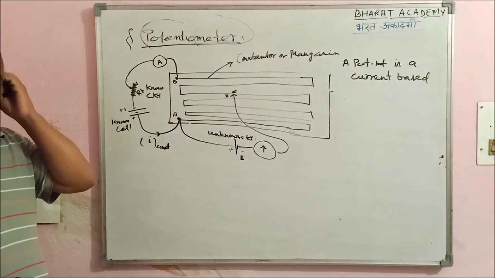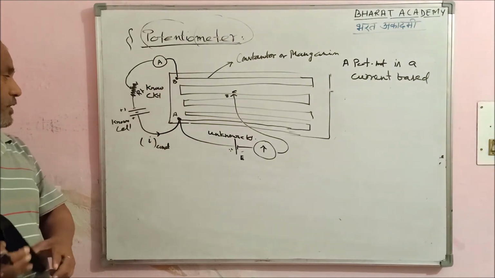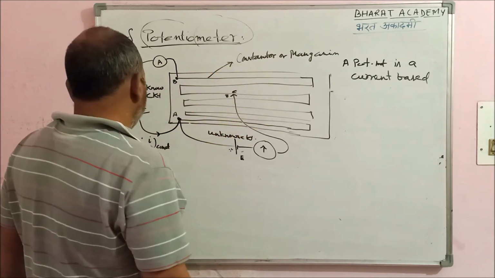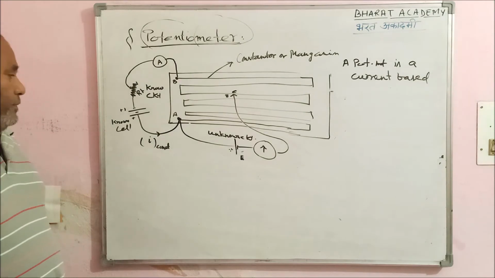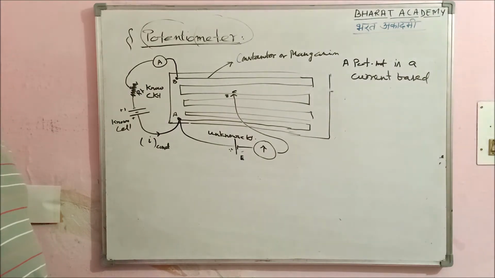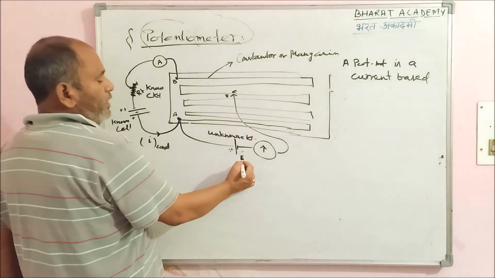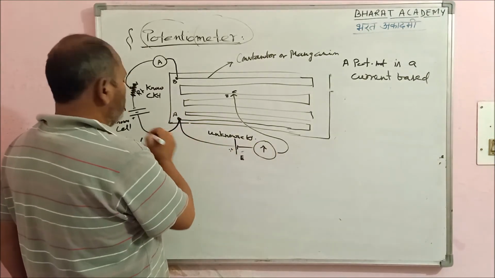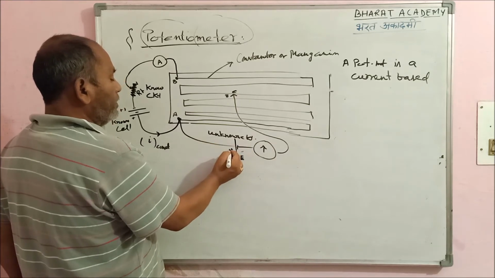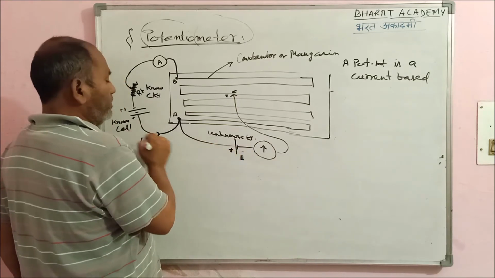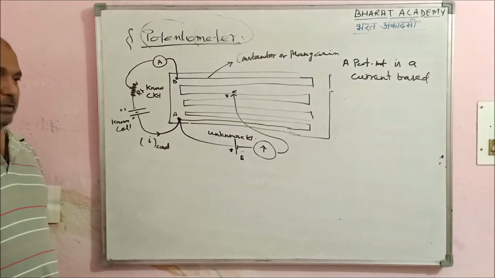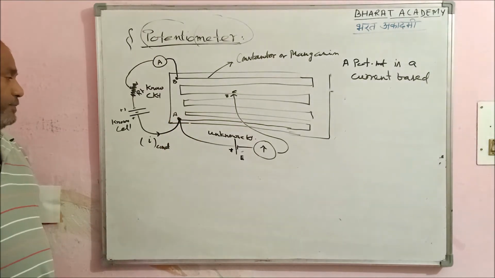That will produce a potential difference across this wire, as the current flows everywhere. To apply the potentiometer principle, we connect the unknown cell just opposite to the known one. Look at this circuit. Both positive terminals are connected to point A. They are opposite each other. So what happens?